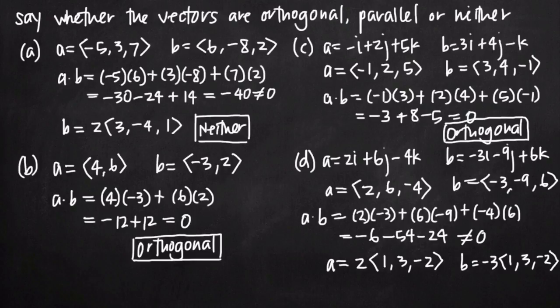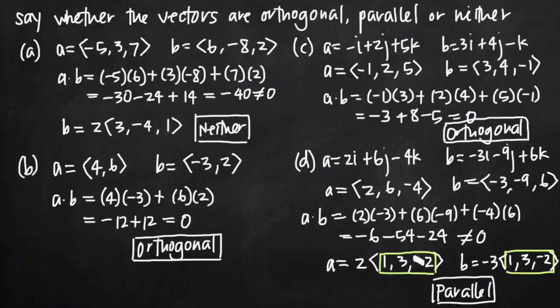And as you can see, I've gotten the same thing for my vector representation here, 1, 3, negative 2, and 1, 3, negative 2. It doesn't matter that I have this 2 and negative 3 pulled out in front. This tells me that my vectors are parallel. So if you can get the two vector components to equal one another, then you know that your vectors are parallel. That's how you determine whether your vectors are orthogonal, parallel, or neither.